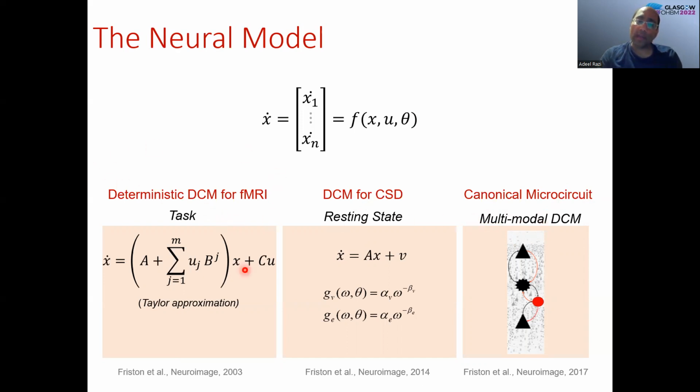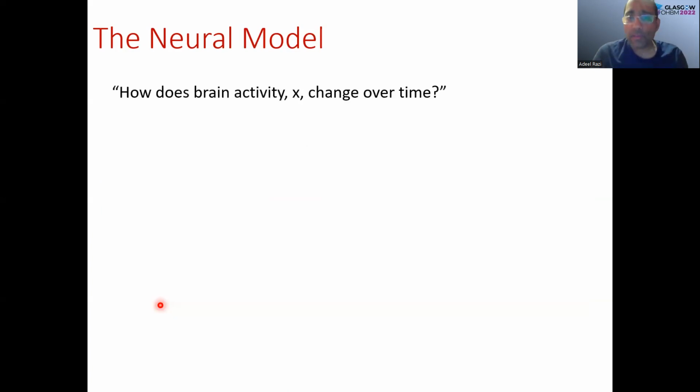Okay, so let's start and talk about deriving the neural formula for the deterministic DCM, or the bilinear DCM formula. We start with a specific experiment. What we're interested in is how the brain activity X changes over time.